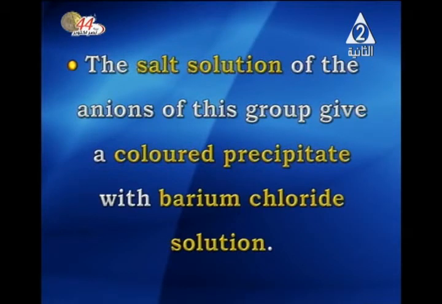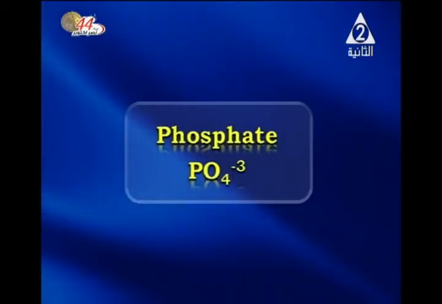Now, my dear students, the salt solution of these anions of that group, which are phosphate and sulfate, gives a colored precipitate with barium chloride solution. So we are going to discuss these reactions. First, we are going to discuss the phosphate anion PO4 -3 as shown on the screen.